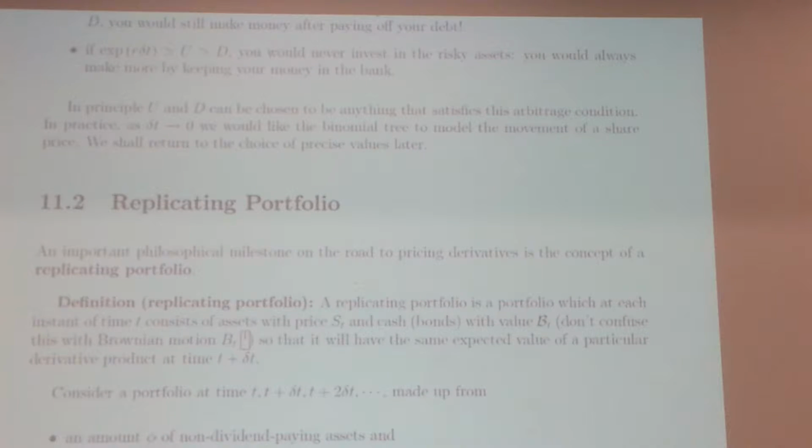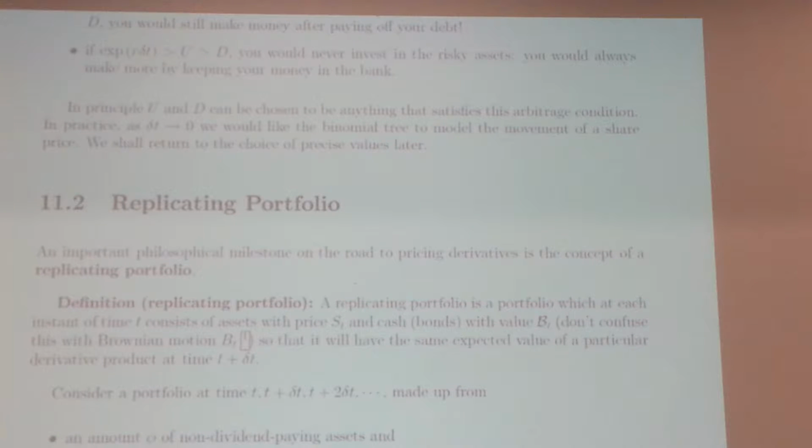So a replicating portfolio is the portfolio I, as the writer, have to have at each moment in time, however I've got to this particular share price at this moment, so that the value of that portfolio, if I have to liquidate it, would give me an equivalent value of the option, so that I could go out and pay you that payoff if you needed it at that point, and I would be covered.